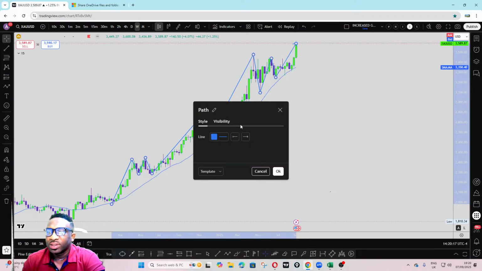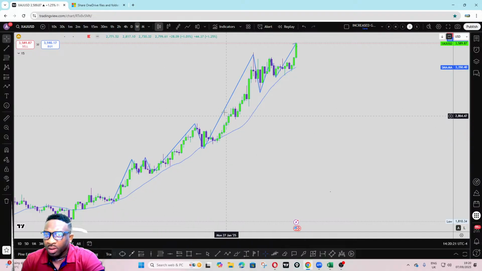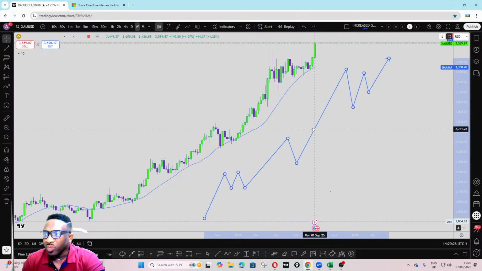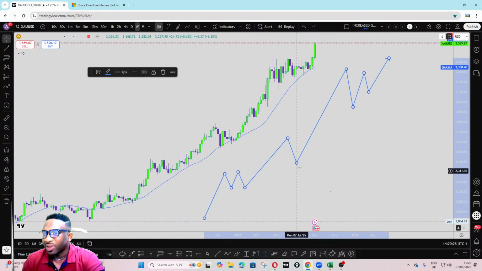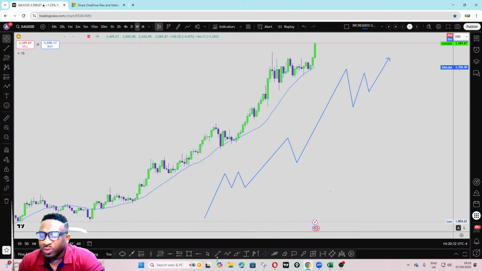We took out this area of liquidity last week, clearing these equal highs here. So this area was sitting on a lot of liquidity, and we had it taken out last week.